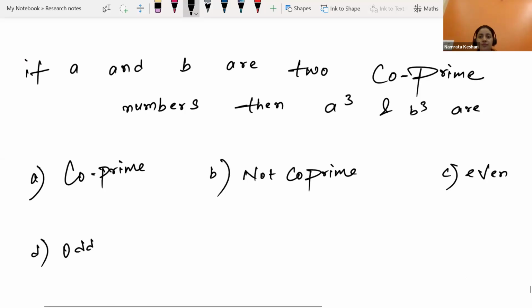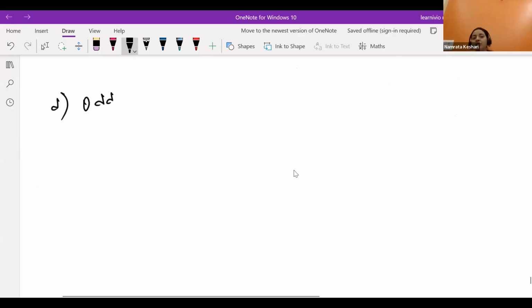Co-prime numbers are numbers which don't have any common factor. Both co-prime numbers can be even, or odd, whatever. One can be even and another odd, but the condition is that both must not have any common factor.